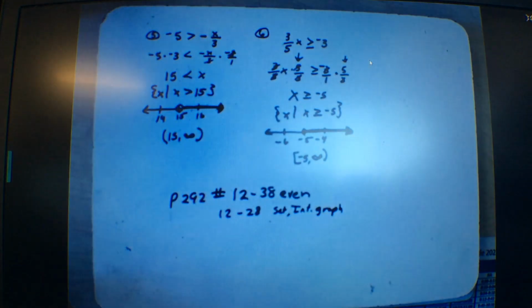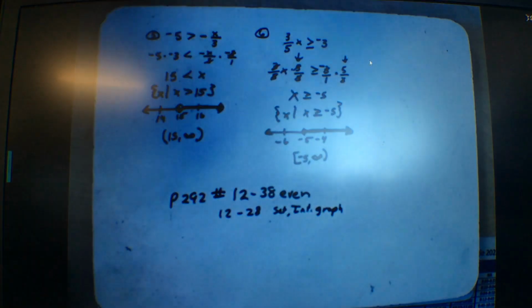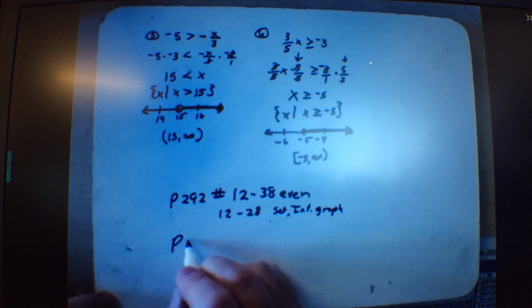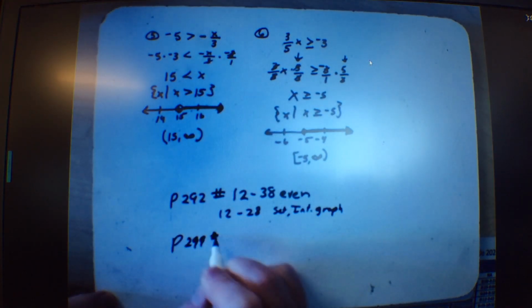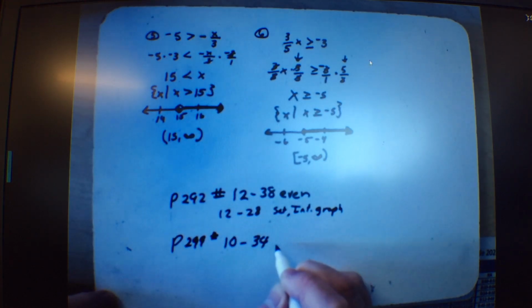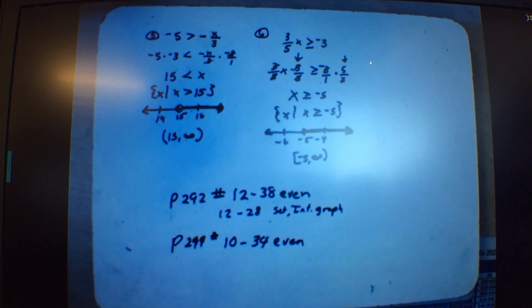And then we're going to jump to page 299. This is a long assignment, Caden. 10 through 34, and we're doing evens, so please turn to page 299.